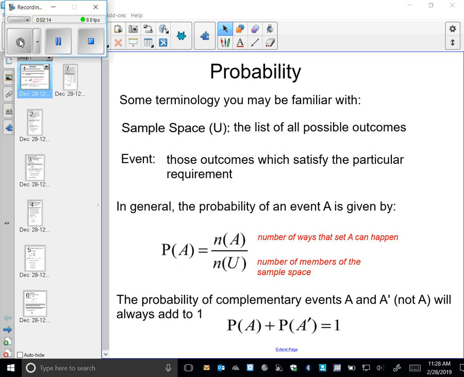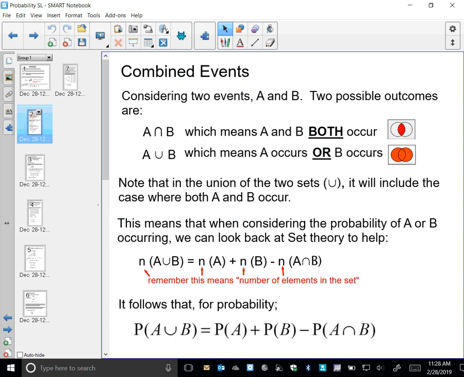So if you have an answer of more than 1, you've done something wrong. If they're talking about how many times you would expect something to happen, obviously that can be more than 1. Okay, because they're asking you to say how many times an event is going to occur. I'm just saying that because some people say, oh, my answer can't be more than 1. It can if they're asking you for the expected number.